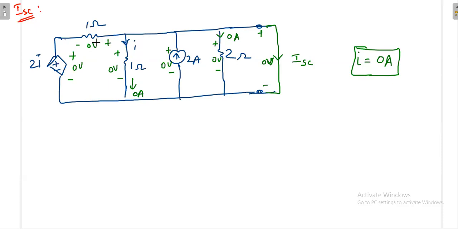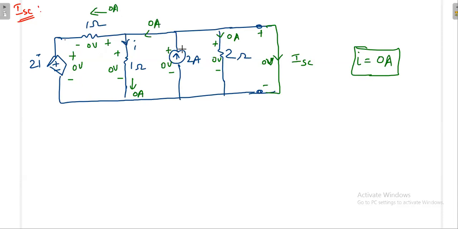If this is 0 volt, this is 1 ohm, what will be the current here? 0 ampere only, because across 1 ohm, if 0 volt is there, the current flowing is 0 ampere. Already this is 0, this is also 0. Then this branch has to be 0 only.